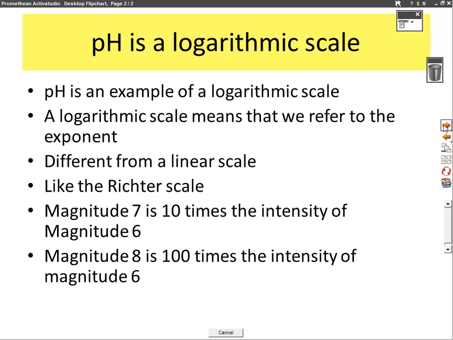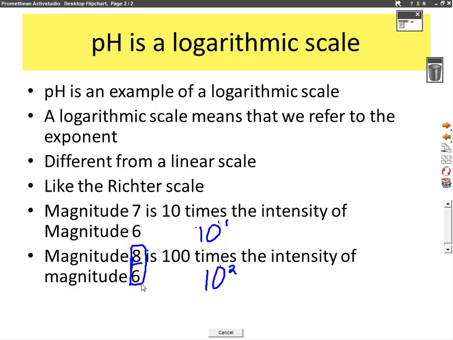So a magnitude 7 earthquake is 10 times more intense than a Richter scale of 6. Because it's one more, it's 1 power of 10 more times that one. Magnitude 8 is 100 times, or 10 to the 2. So the difference in the scale refers to the difference in the power of 10.